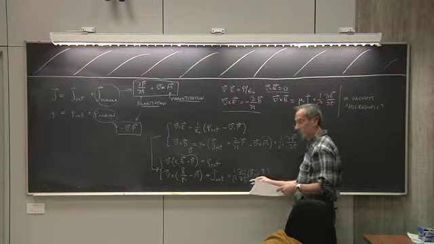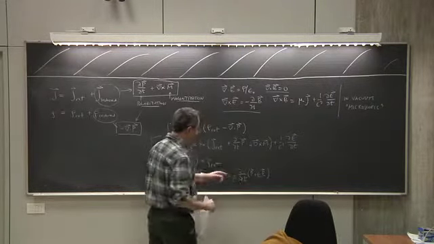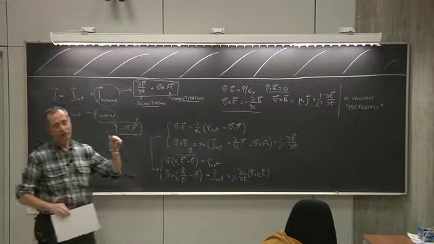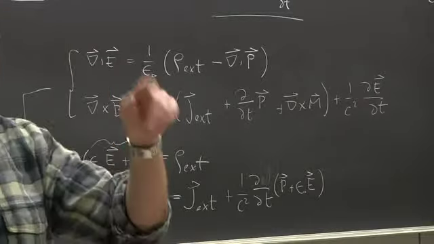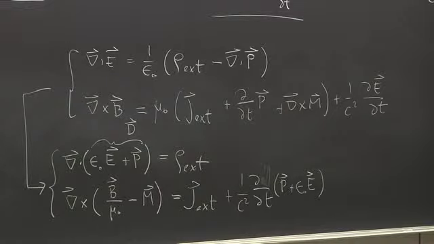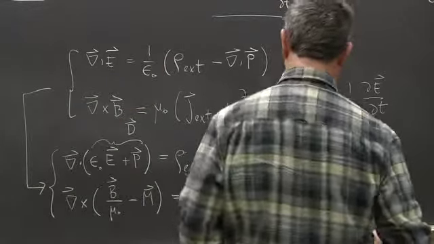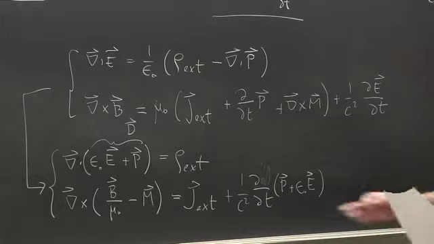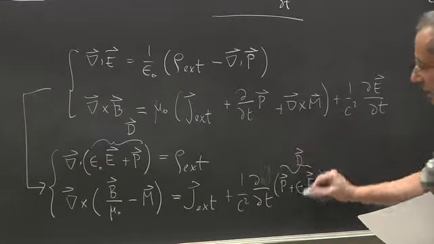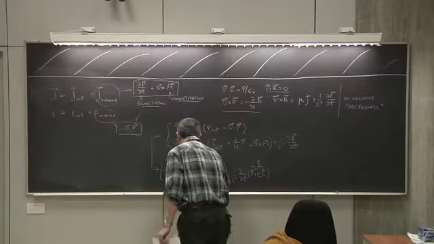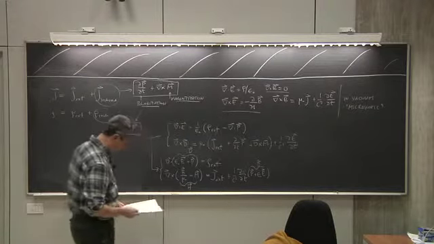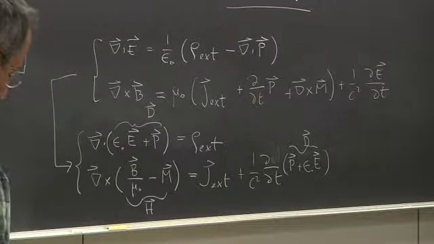Remember that 1 over c squared is 1 over the square root of epsilon naught mu naught. I'll come back to this in a second. So thank you. In fact, otherwise it won't work so well. And here I have the again, right? And this combination is called H. That is this new magnetic field.